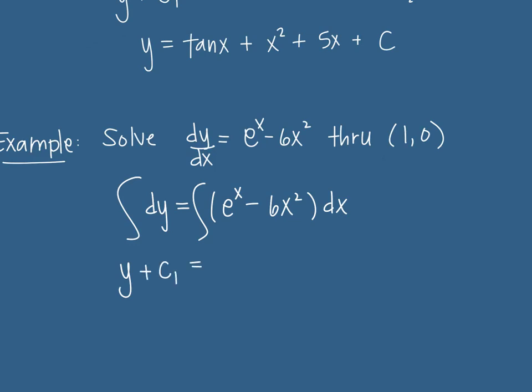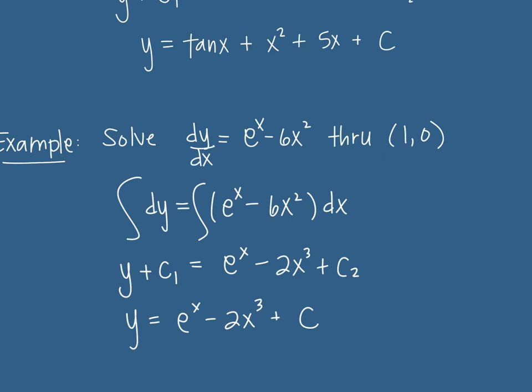The antiderivative of e to the x is just e to the x again, minus 2x cubed, plus a second constant. So overall, e to the x minus 2x cubed plus an overall constant.